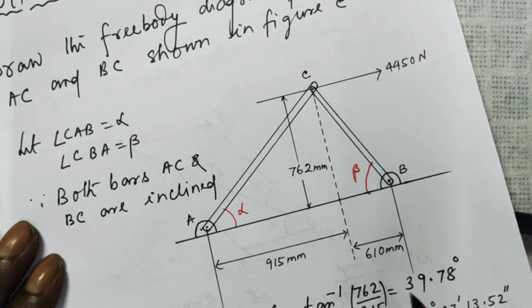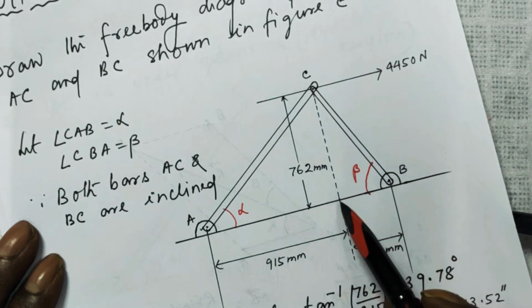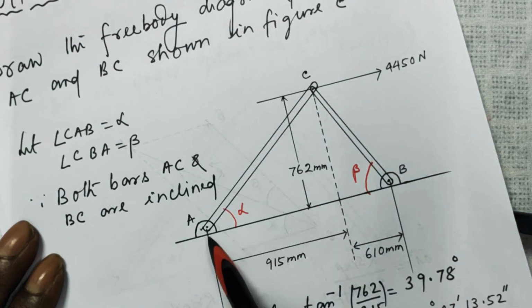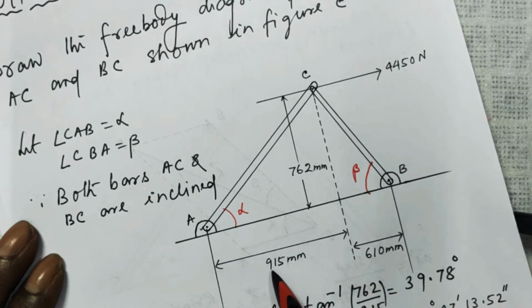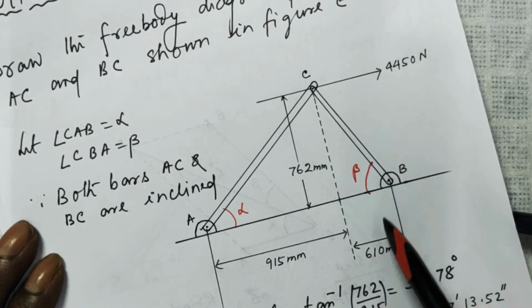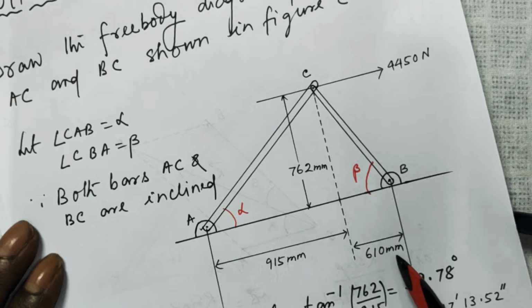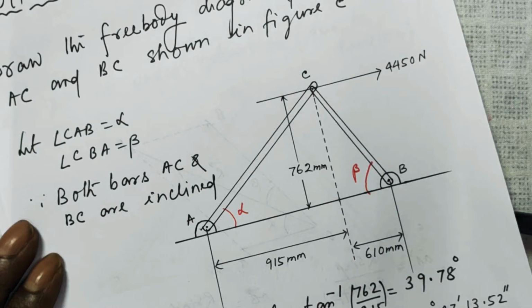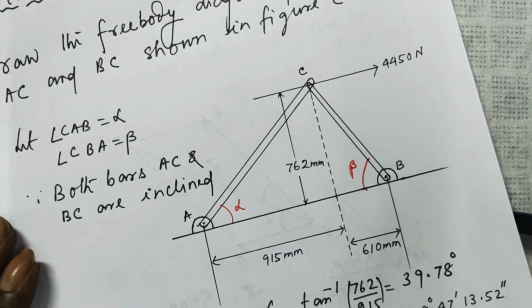When a perpendicular is drawn from here, this joint is at a distance from this point 915 millimeter, and from this point to this point is 610 millimeter, that is what is given, right? And this is the force that is given, 4450 Newton.